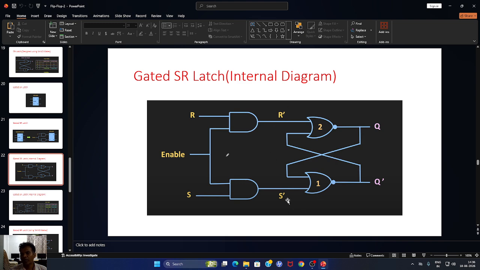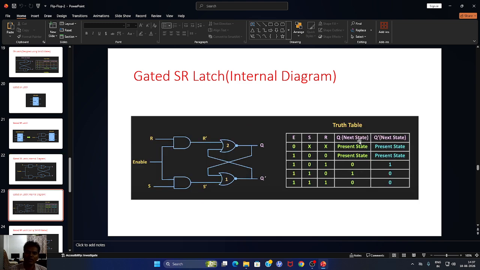And you know, when S dash is 0 and R dash is equal to 0, the next state is the same as the present state. The corresponding values are consolidated in a truth table, right? When enable equal to 0, irrespective of S and R values, next state is equal to present state.